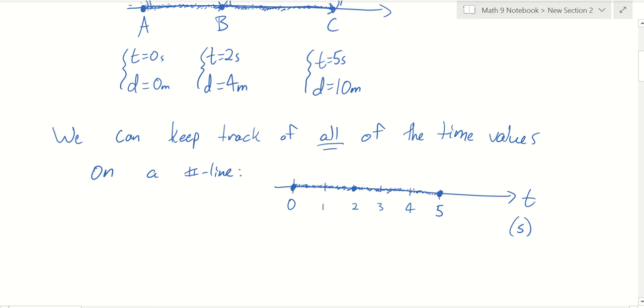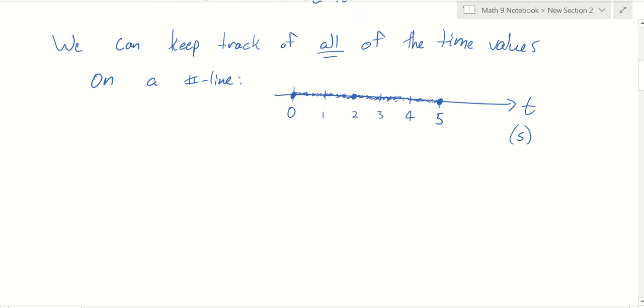It might seem kind of silly to be that explicit about the fact that there is a continuous stream of values in between these instants, but it's actually very important in math that we are explicit about this.